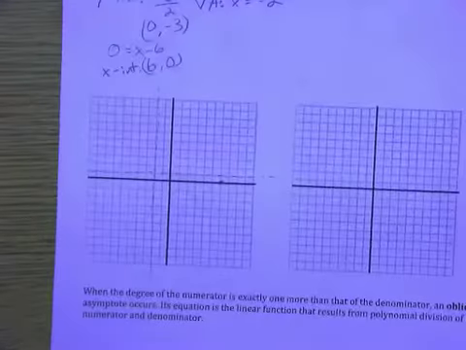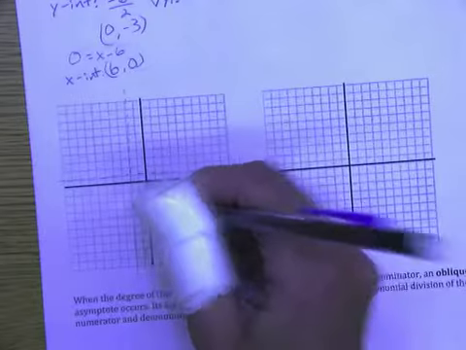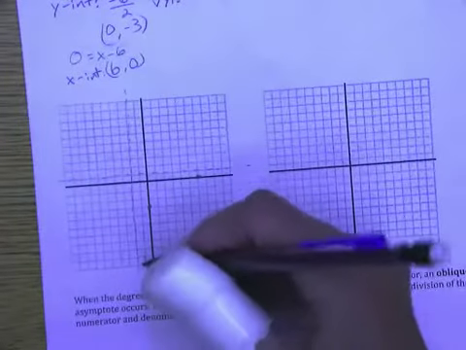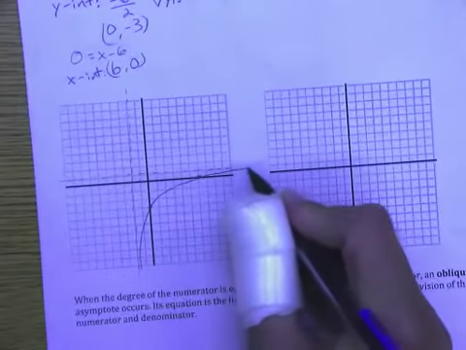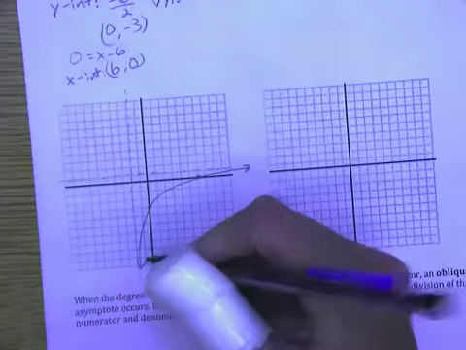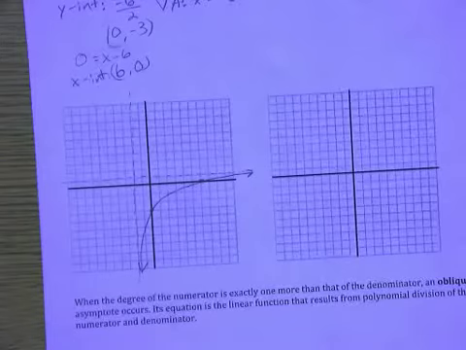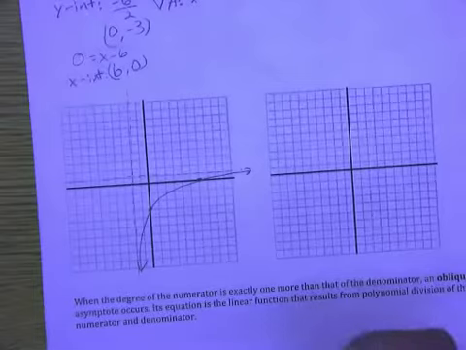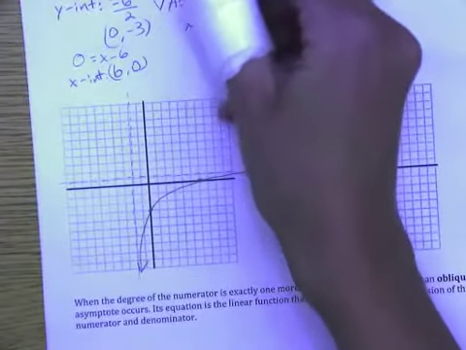Vertical asymptote here. X-intercept at 6, 0. Y-intercept at negative 3. And these 2 points kind of make it very clear that this is how I'm going to hug the asymptotes on the right.